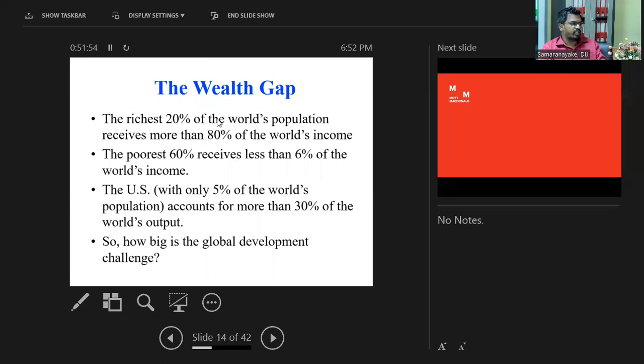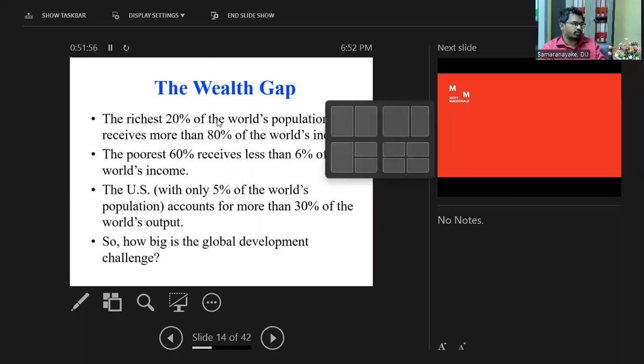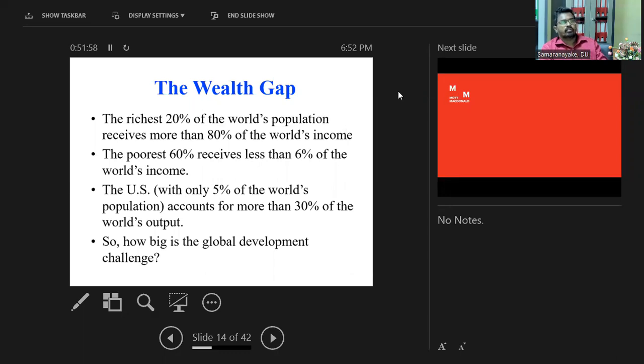It's about the wealth gap, right? I think we discussed a bit about this in our previous lectures, especially in applied industrial economics. We used to say this, isn't it? The richest 20% of the world population receives more than 80% of global income, and the poorest 60% receives less than 6% of the world income.